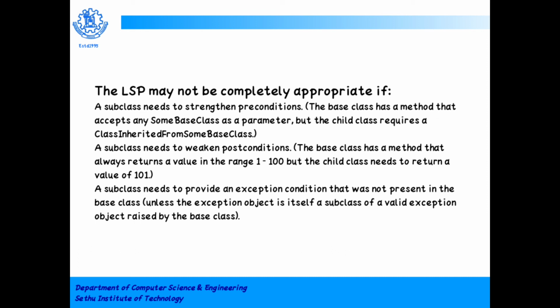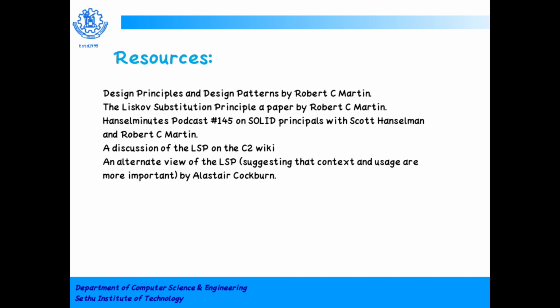The base class has a method that always returns a value in the range 1 to 100, but the child class needs to return a value of 101. A subclass needs to provide an exception condition that was not present in the base class, unless the exception object is itself a subclass of a valid exception object raised by the base class.